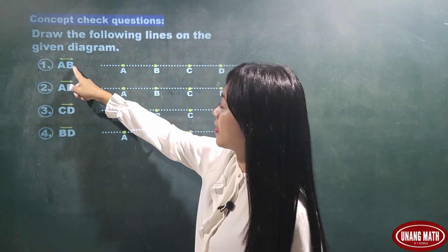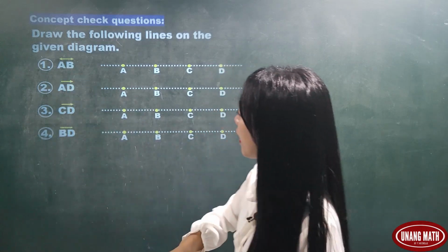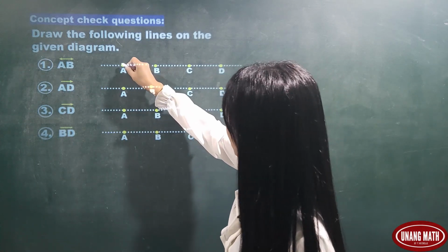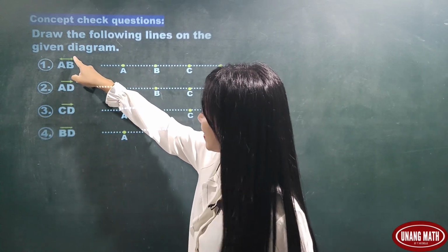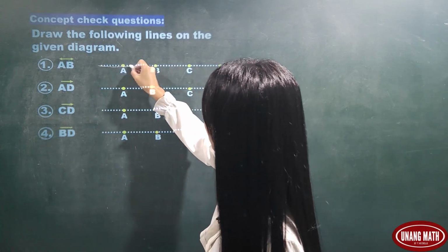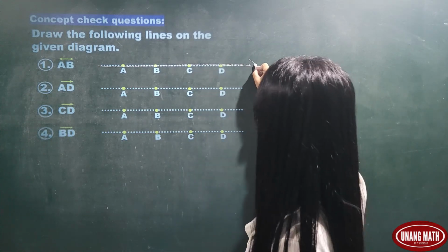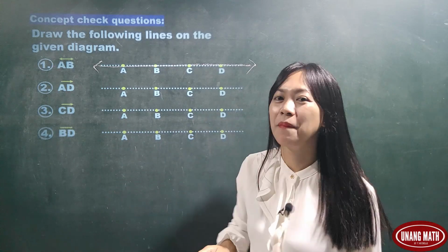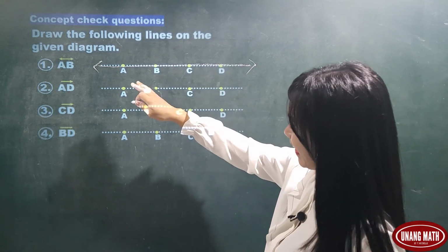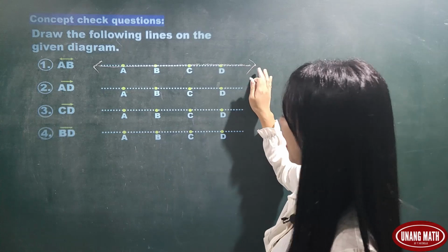So we will read this as line AB. Where is point A? This point. And where is point B? This point. Since this is line AB, then we have to draw a straight line. And there must be arrows on both sides of the line. So that is line AB.